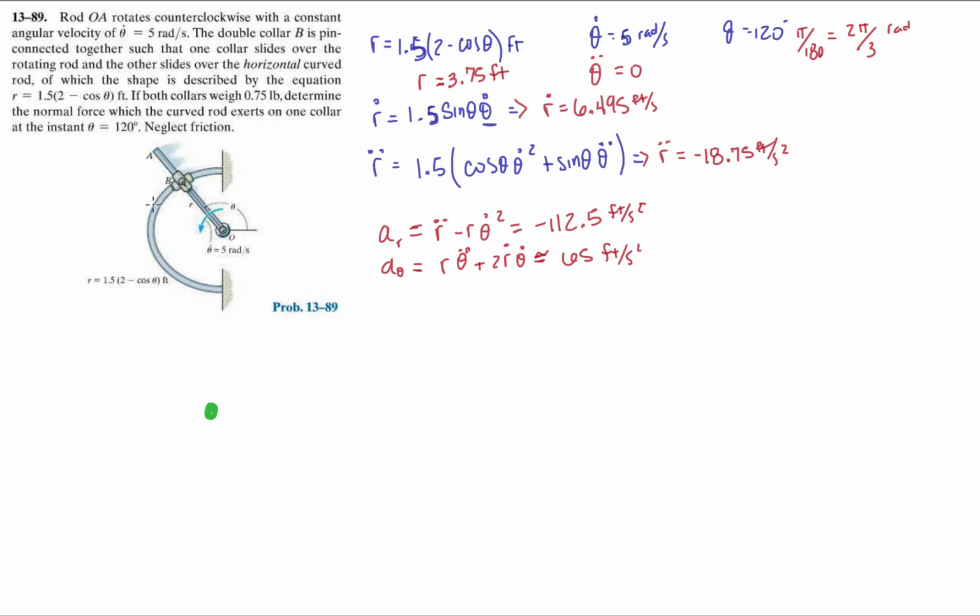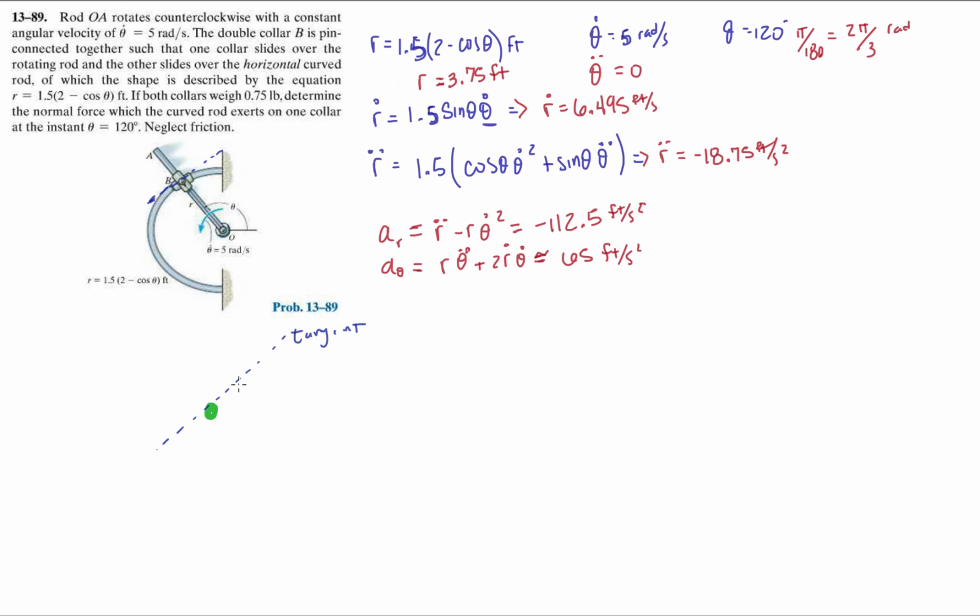Okay, so it's going to be something like this. So let's translate that over. So let's just draw it out. Okay, let's just say this is the tangent.